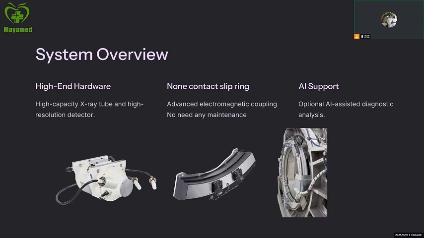This is an advanced electromagnetic coupling and needs no maintenance compared with the traditional carbon brush type CT scanner. I will also introduce the difference between them. And we also have AI support in this CT scanner. We have optional AI-assisted diagnosis analysis in these advanced CT scans. Later we will see what the features are.